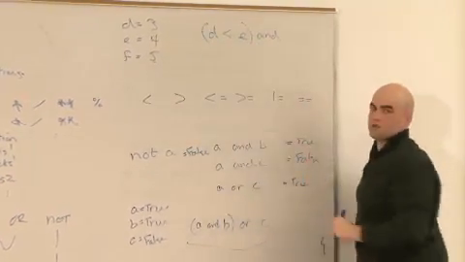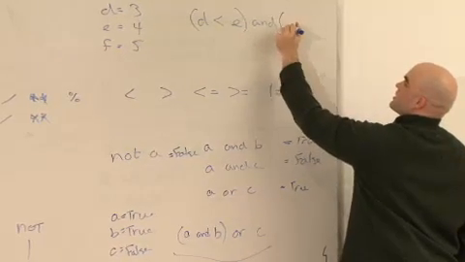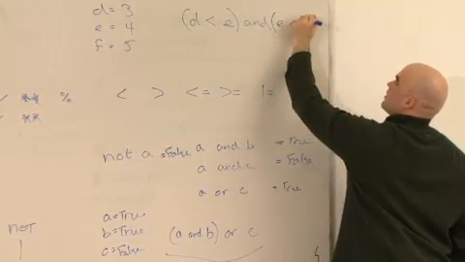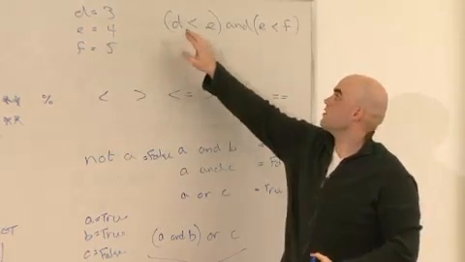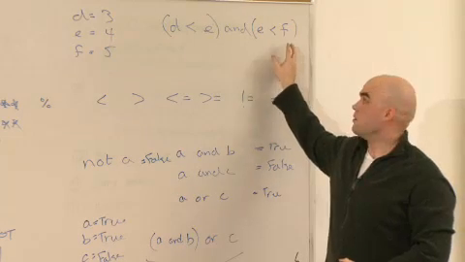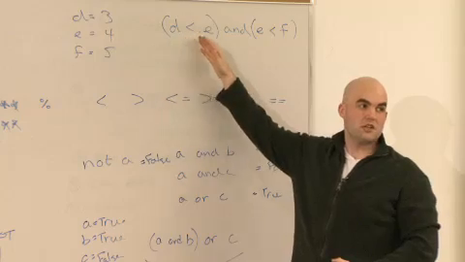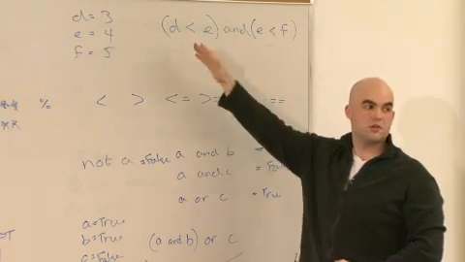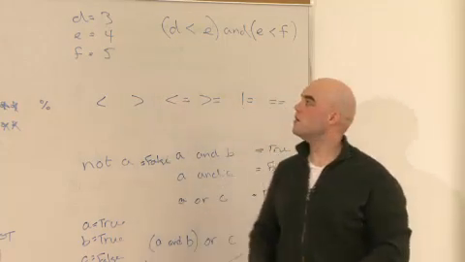Which I can then use the AND operator on. So what this does is it says if D is less than E and E is less than F, then return true. This, by the way, would check to see that these numbers are in order. So 3, 4, 5 as opposed to 5, 4, 3.